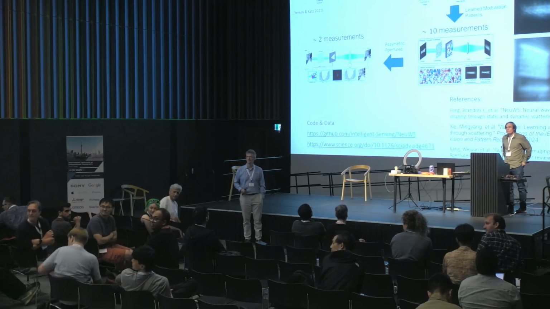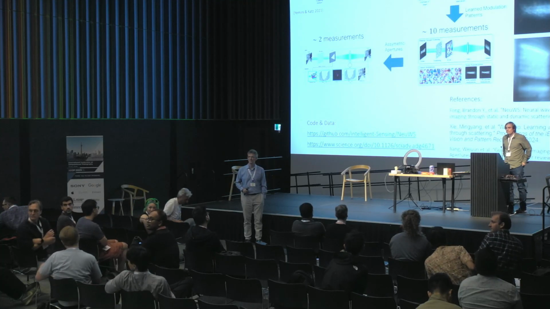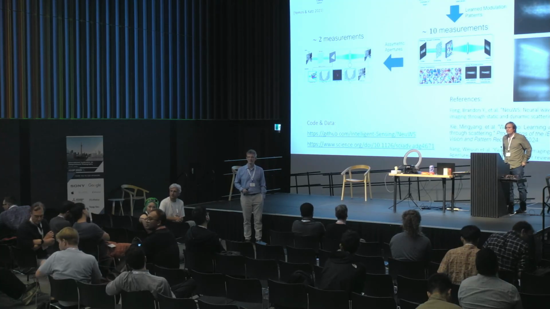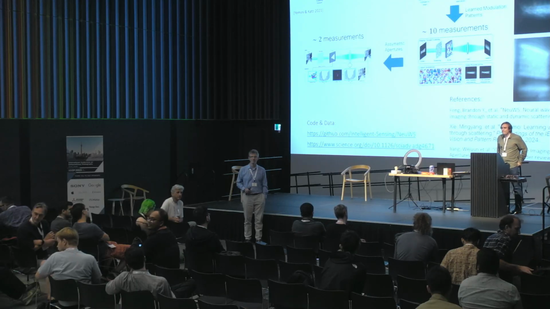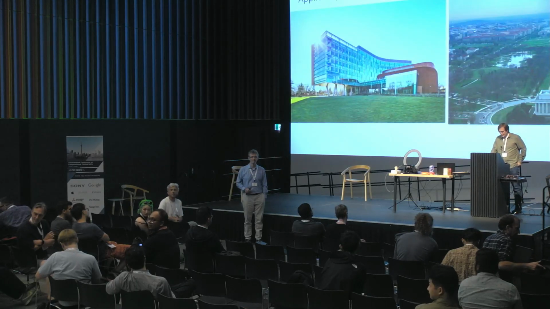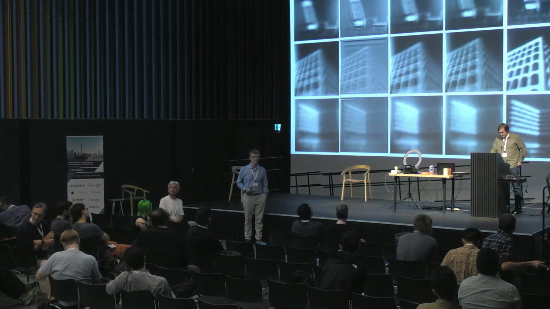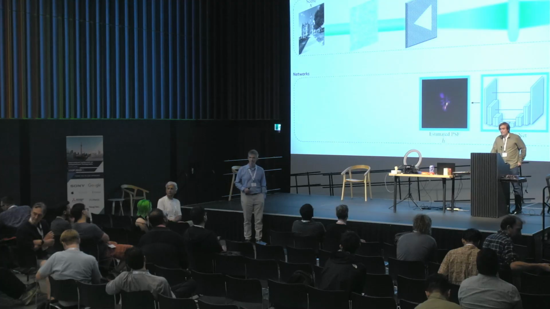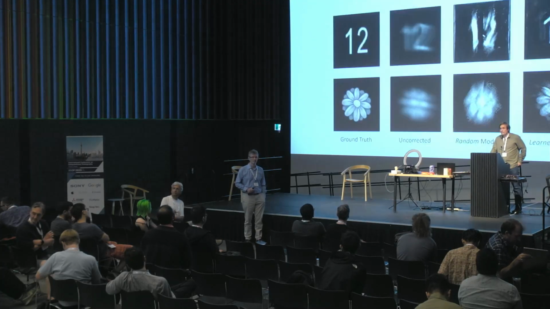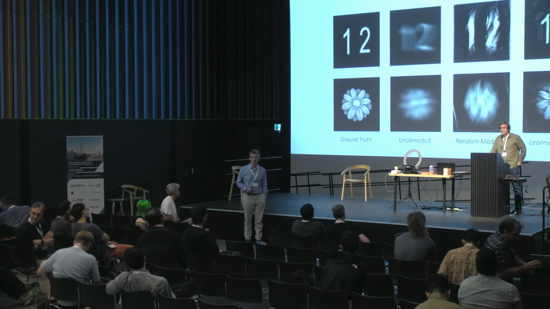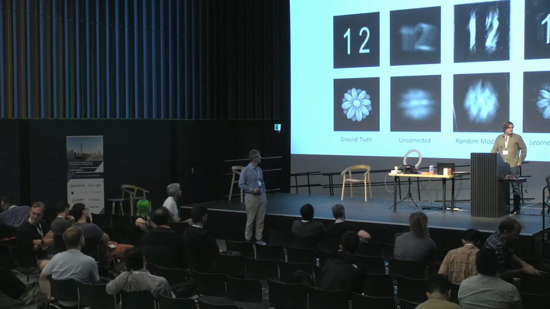I have a question about the neural parameterization of the phase mask that you compared against just a pixel grid. You mentioned that regularization was what made the difference. I'm curious if you've tried just regularizing the pixel grid, like adding TV or something like that.